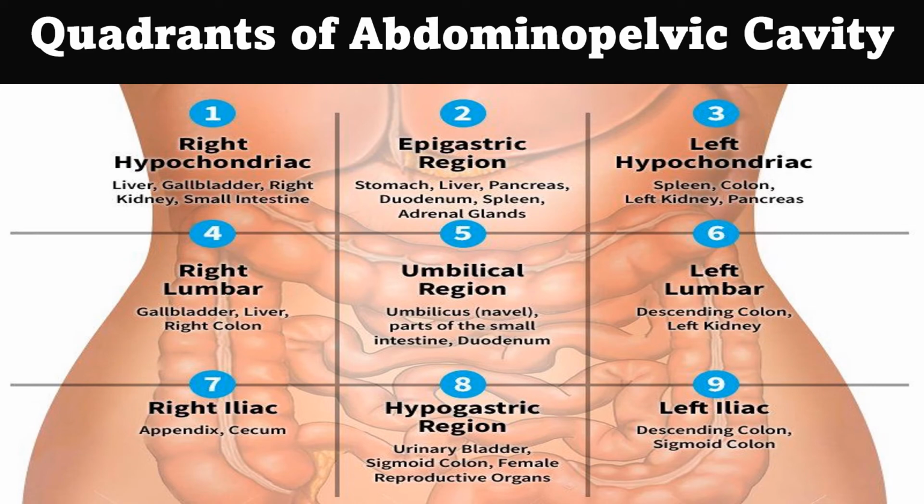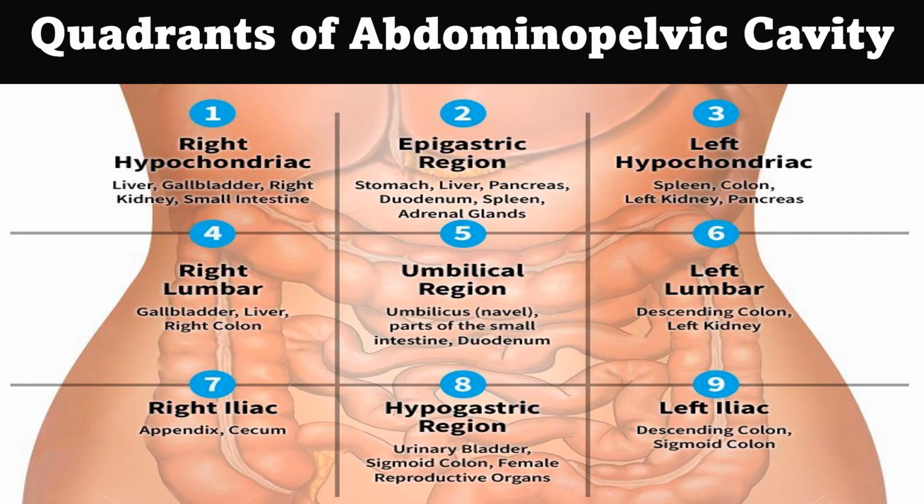Number 8 is the hypogastric region, which will include organs like the urinary bladder, sigmoid colon, and female reproductive organs. The ninth quadrant is the left iliac, which has the descending colon and sigmoid colon.